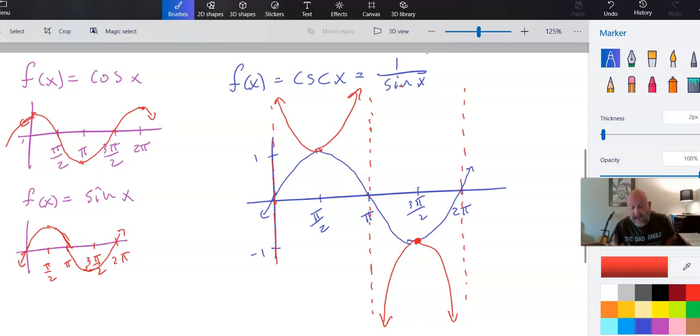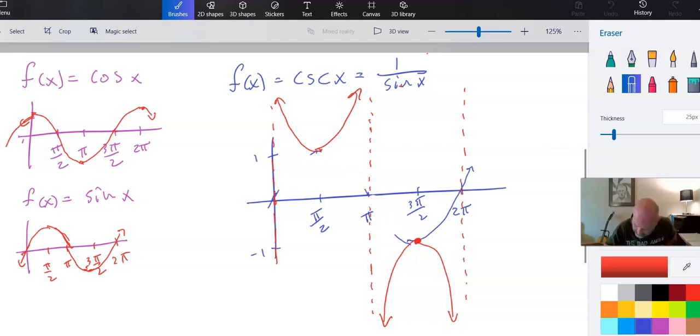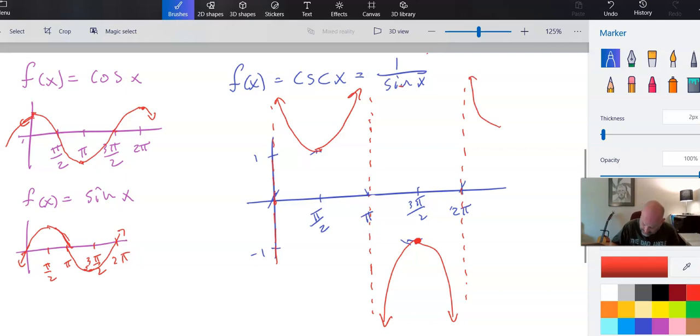If we want to see the actual graph of cosecant, we erase the sine, because sine's not actually part of it. Sine is just what we use to graph it, just like cosine. So if I erase this, that's more or less what the graph of cosecant looks like. You'd have another one over here, and the same thing here.